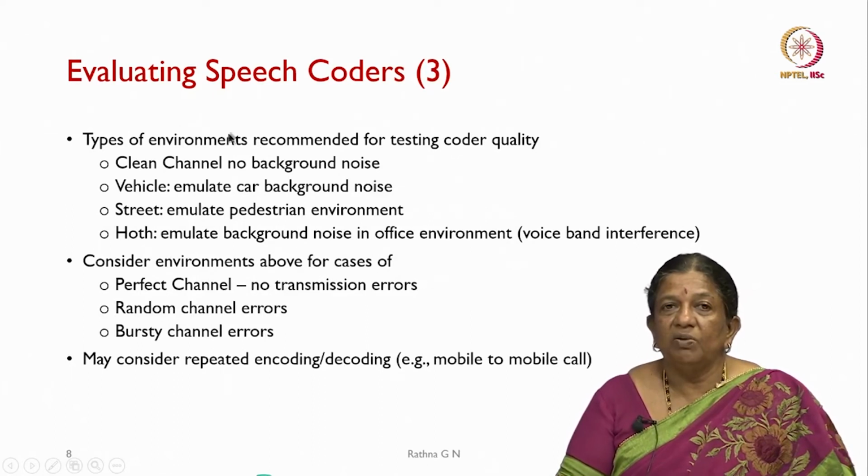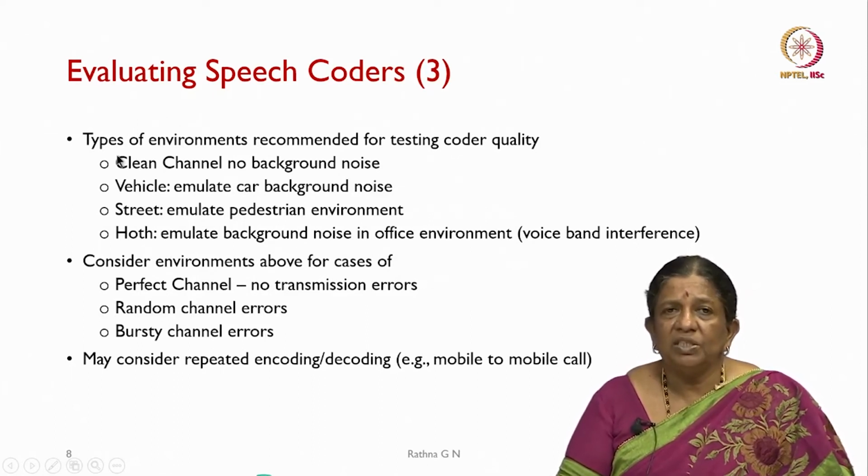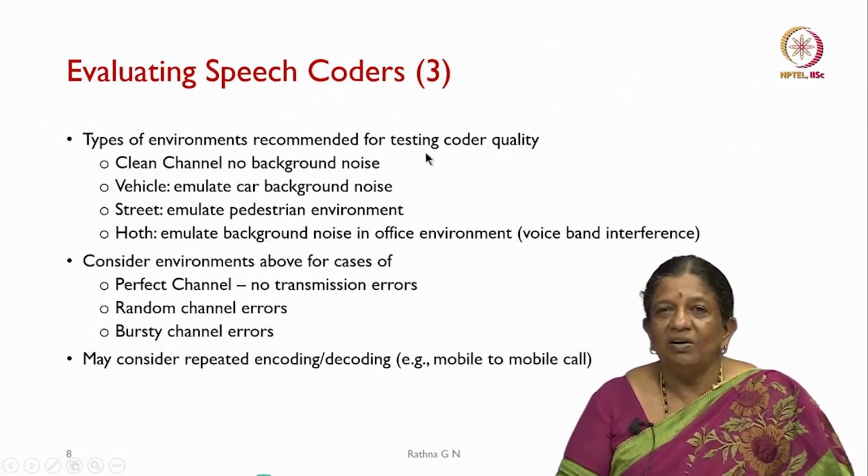So, continuing on the evaluation, the types of environments recommended for testing coder quality. What should be the environment in which you will be testing this quality? It says clean channel, no background noise, so you have to provide this so that you can evaluate it.